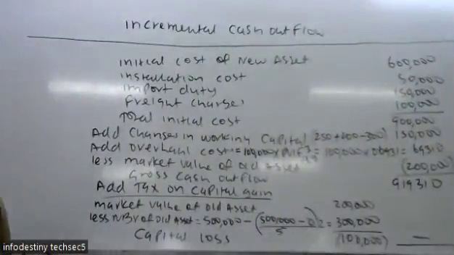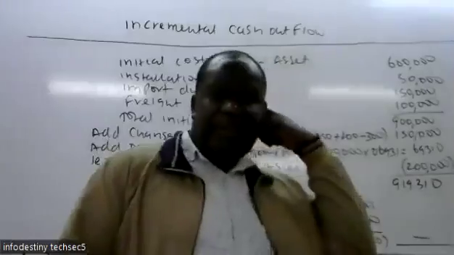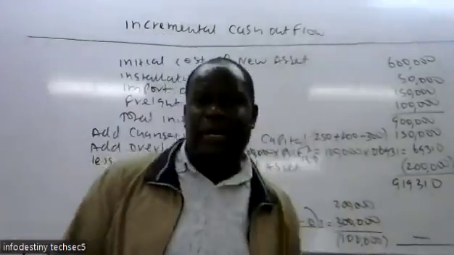So after our step number 1, we have step number 2, which is our incremental depreciation per annum.